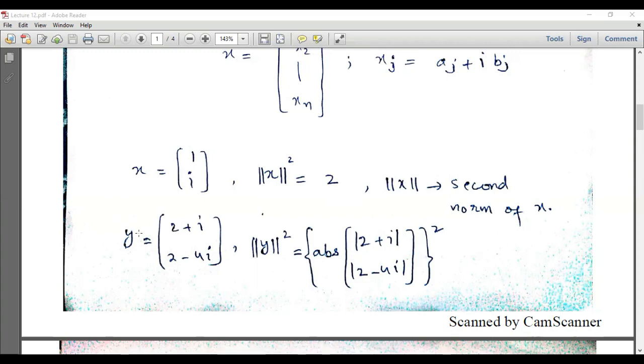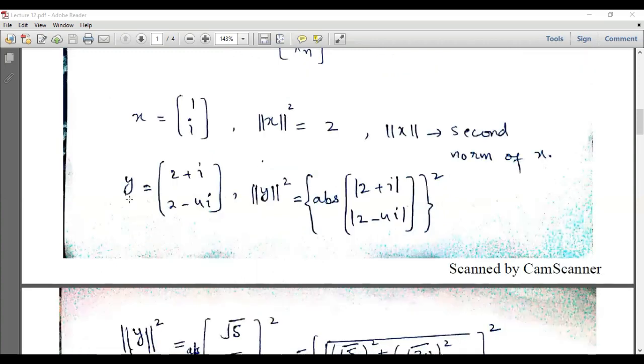So suppose we have another complex vector y in which the components are 2 plus iota and 2 minus 4 iota. Now the square of the second norm of vector y will be equal to the square of the absolute values of these complex components.